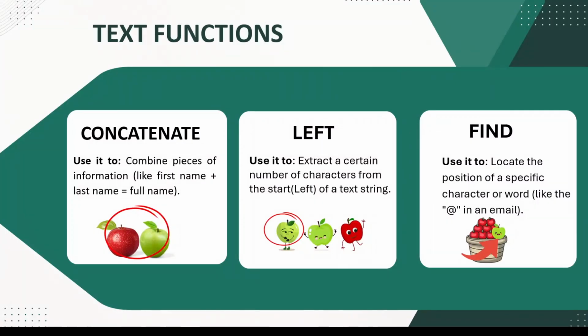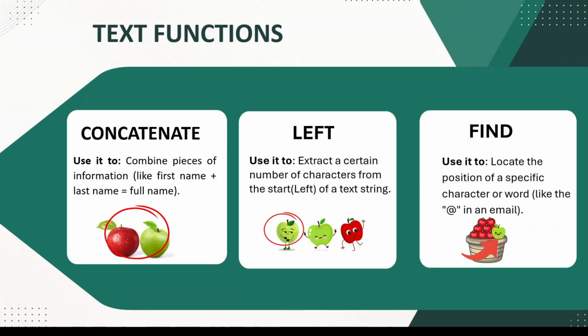Now here are some of the text functions that we are going to focus on. We have the concatenate text function, the left, and find. Now what is a concatenate? Learners tend to be like, oh no, what is this? Come on, this is very simple. Whenever you feel like the term is too much for you, when they outline concatenate, just think of combine or join.